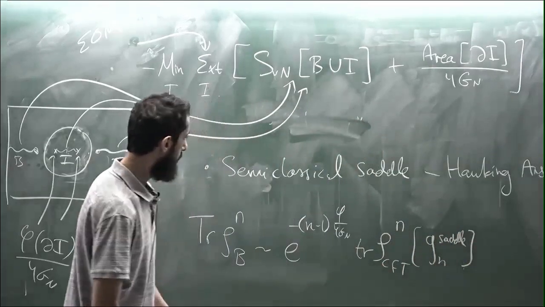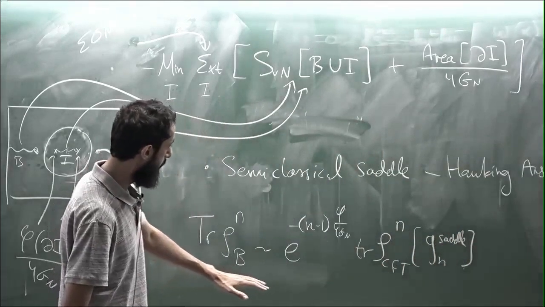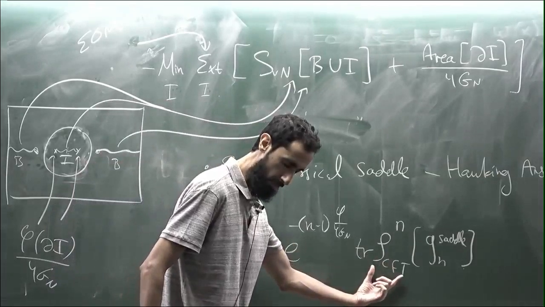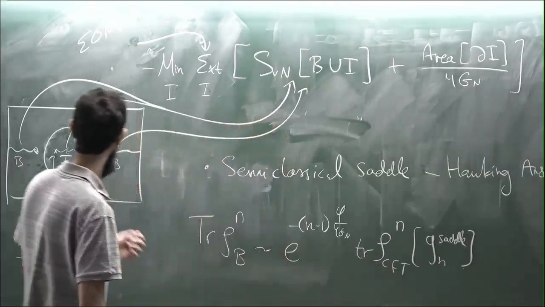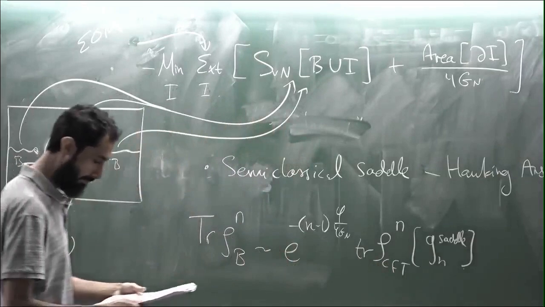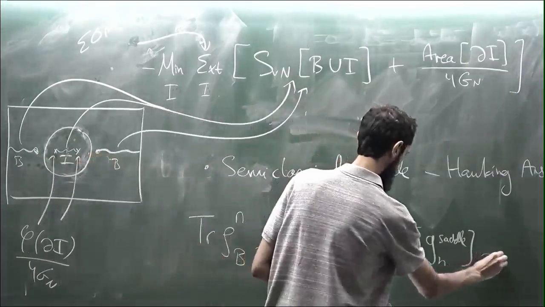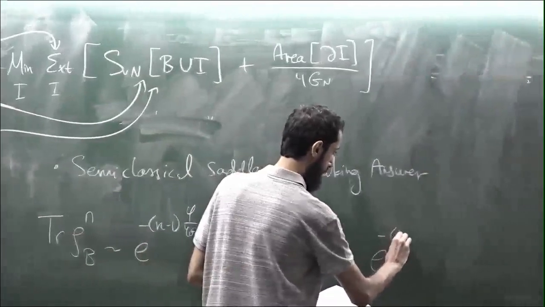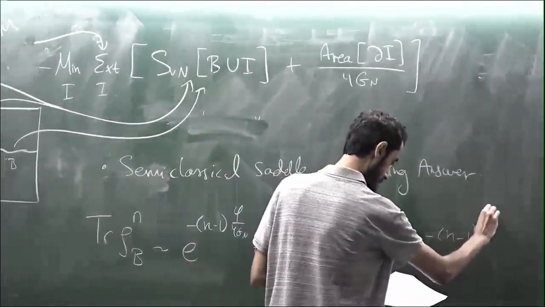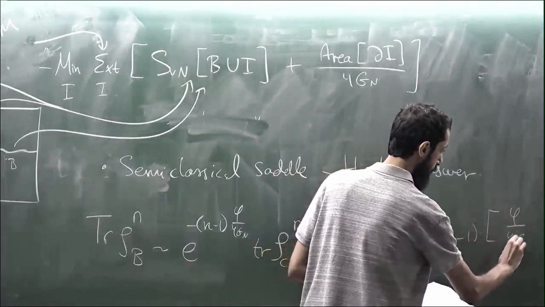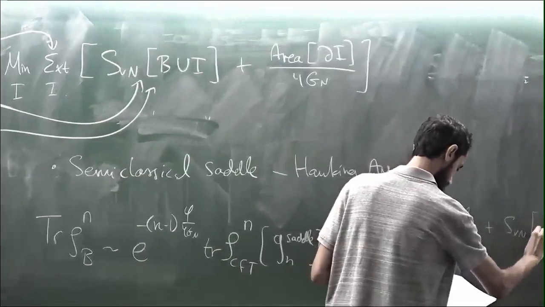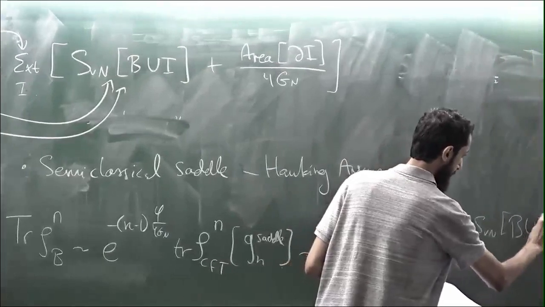This is a density matrix of these three regions. And this thing ultimately is going to be e to the minus (n minus 1) phi over 4G Newton plus the von Neumann entropy of B union I.